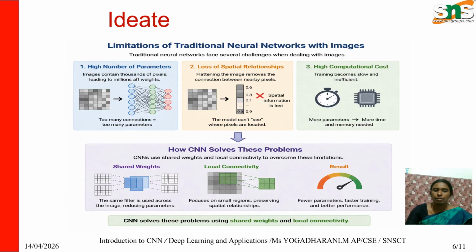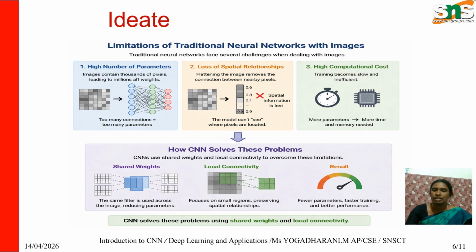So why is CNN needed for images? In images, pixels are not independent. Nearby pixels are related to each other. CNN captures these relationships using convolutional operations like filters and kernels. Here, for automatic feature detection, CNN automatically learns features at different levels.